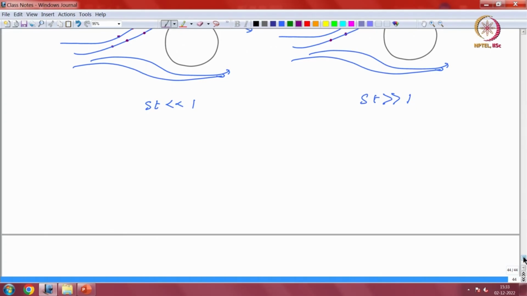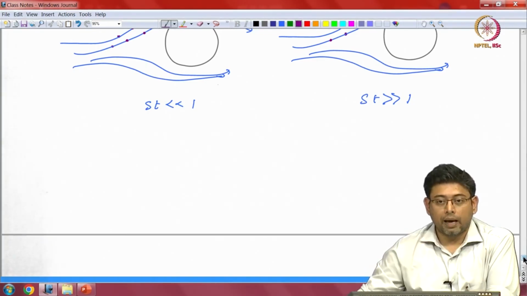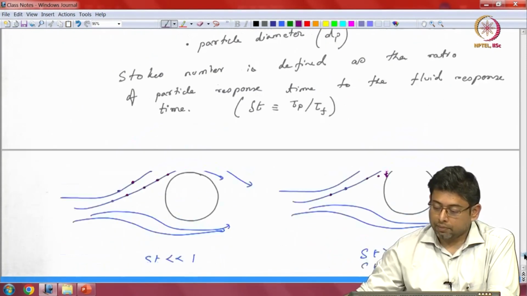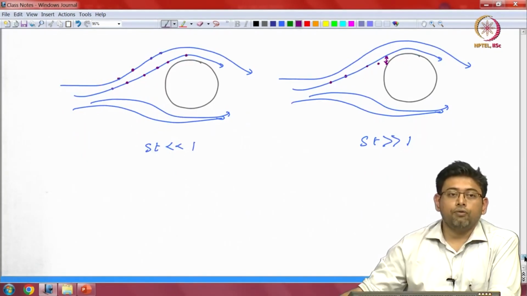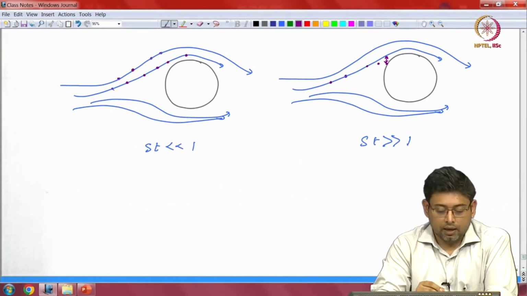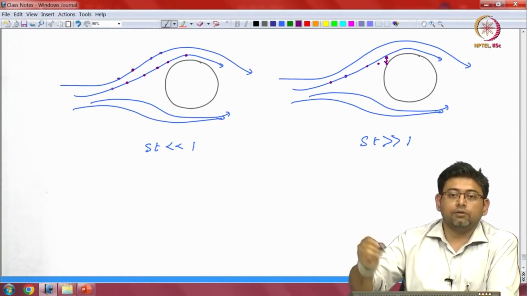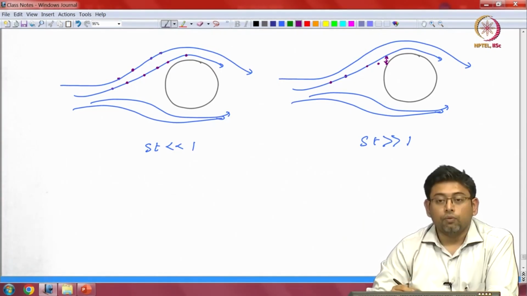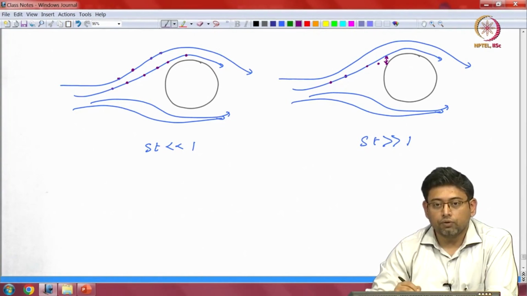So now let's see how you can quantify this number. We have just quantified it as a ratio of 2 time scales, one being the particle time scale and the other being the flow time scale. Now in a fluid flow, what does happen? So if you have a particle, let's say the particle started at an initial condition when it was at rest with respect to the fluid, and then it has to accelerate and achieve the fluid flow velocity, right. So how does the particle do that? We have to write the equation of motion for such a particle.